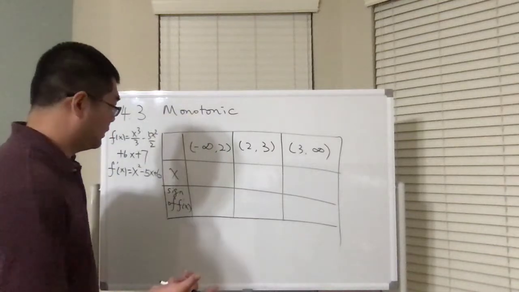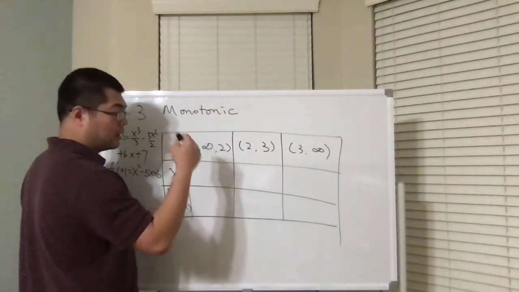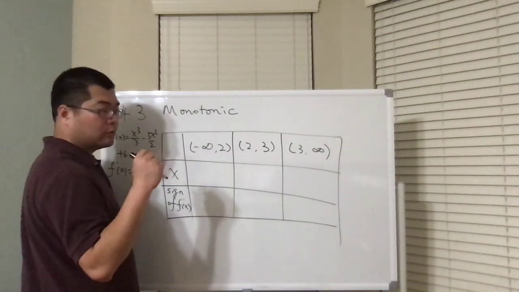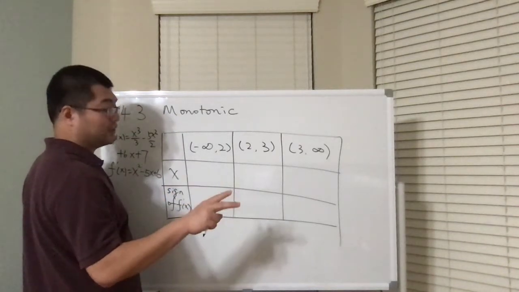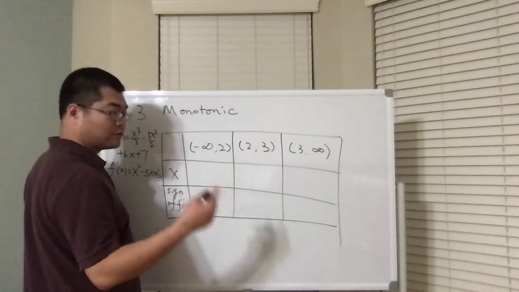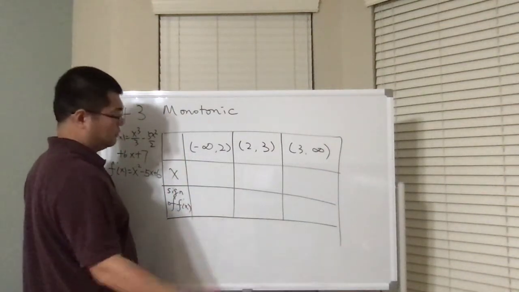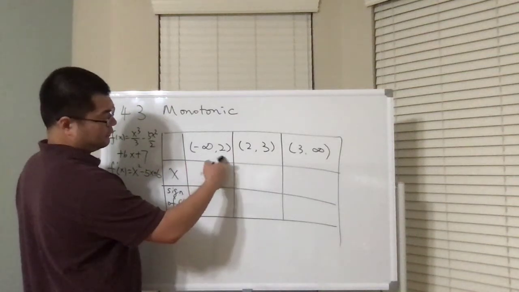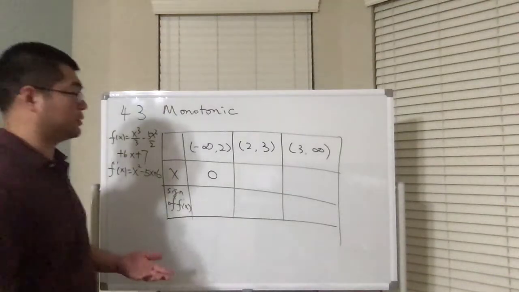For example, on the interval from negative infinity to 2, you can pick any number. When you pick these numbers, pick the easy ones. If it can be an integer, pick an integer. If there is 0 there, pick 0. Just follow those simple rules. From negative infinity to 2, 0 is the best option.